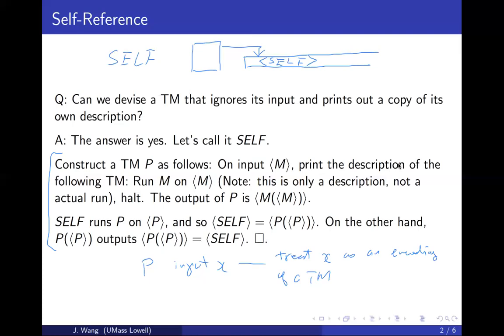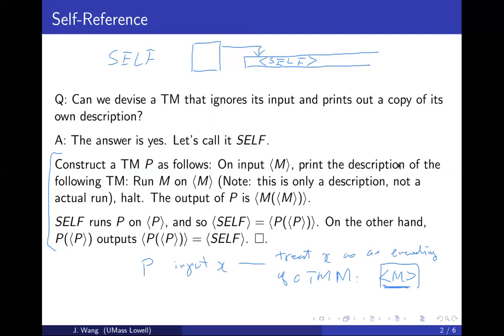So that means X is an encoding of some Turing machine M. P takes any input X that is an encoding of a Turing machine M, and then what it does is simply print the description of a Turing machine that runs M on this input.